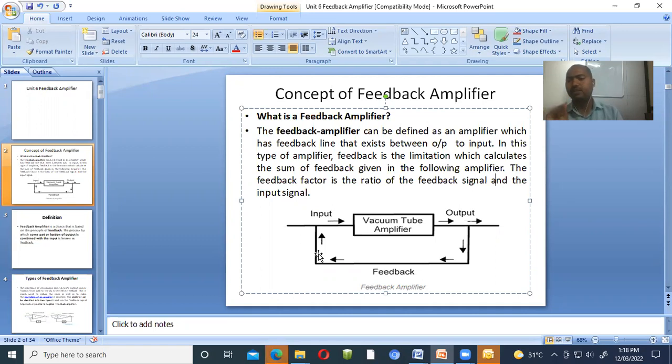Let me take the examples of positive feedback and negative feedback. Positive feedback is usually used in oscillators. In oscillator devices, we use positive feedback. Another important thing about positive feedback is that it increases the gain of the amplifier. Why do we need this?